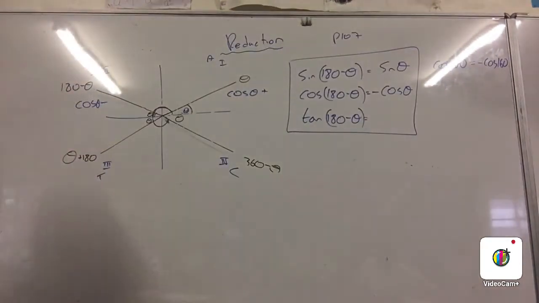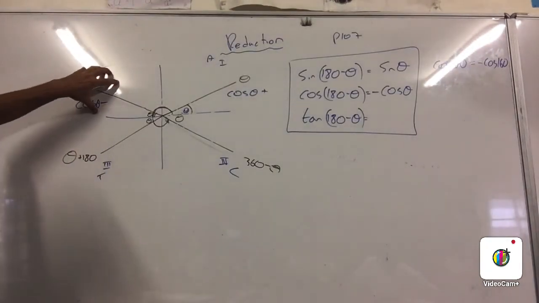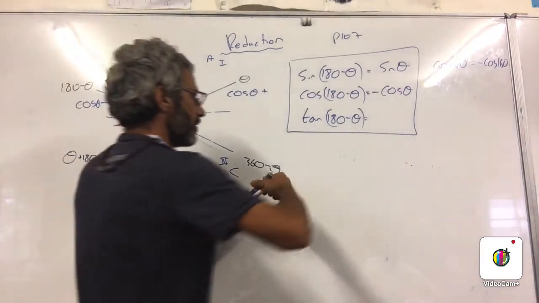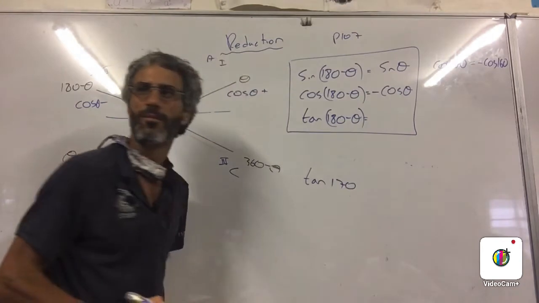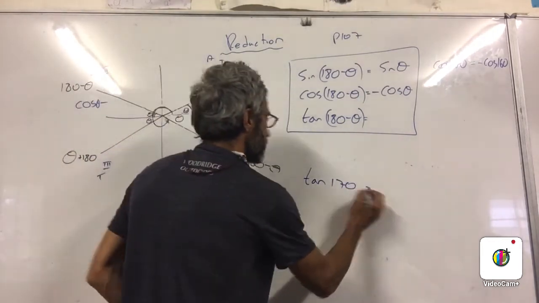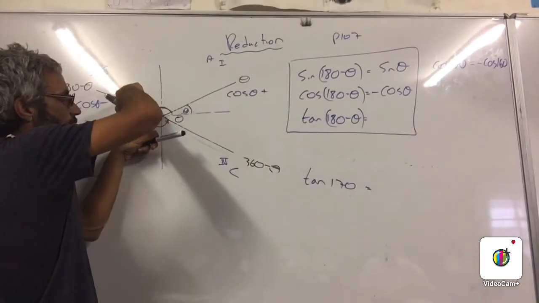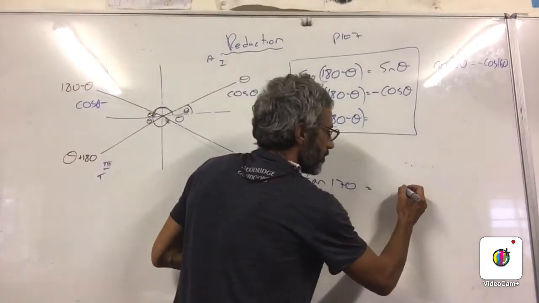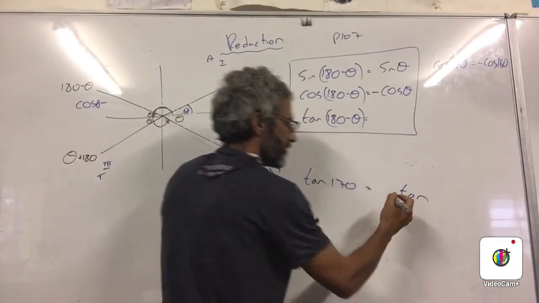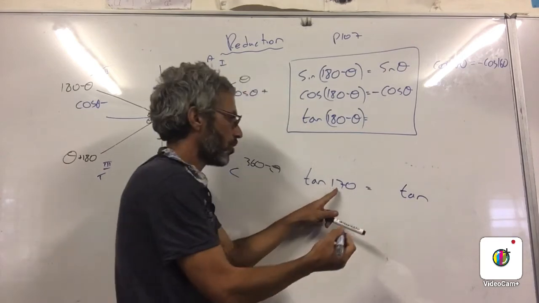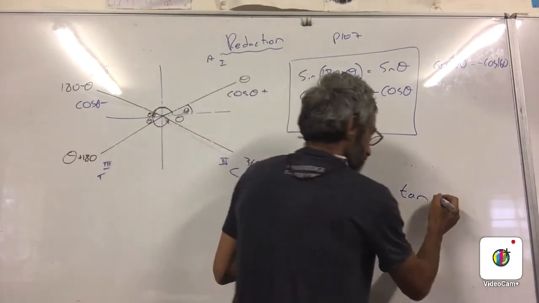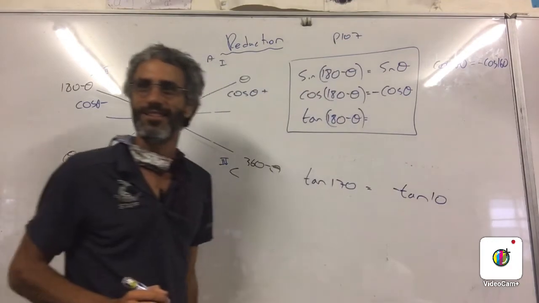Now the question is, what happens to tan? I'll start with an example. Let's say I had tan 170. 170 is an angle that is larger than 90. I want to know if it's somehow to do with tan of what? Negative tan 10. You're completely right, but why?